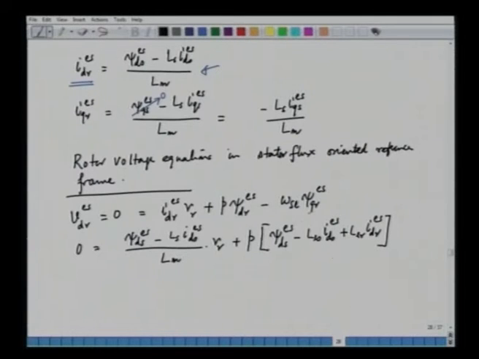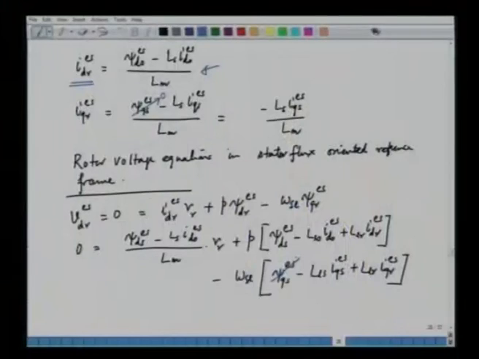And then we have psi QR, which can be written as: omega SL into psi QS ES minus LLS IQS ES plus LLR IQR ES. So this equation can be simplified, and the scope of simplification exists here.